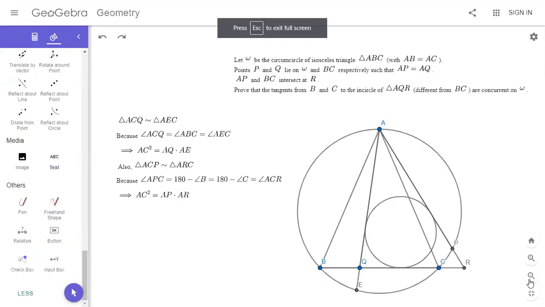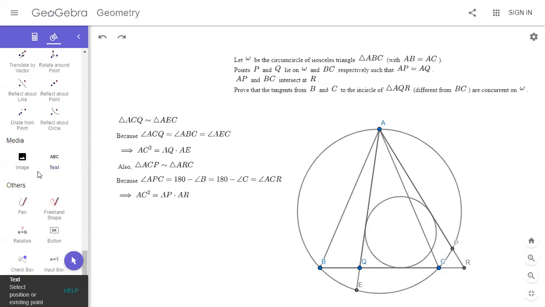So basically, one of the viewers just told me this privately, but we have a symmetry. So if AQ is equal to AP and AE is equal to AR, then by symmetry, since PQ is tangent to this circle, which I'm going to call gamma, PE has to also be tangent to that circle.